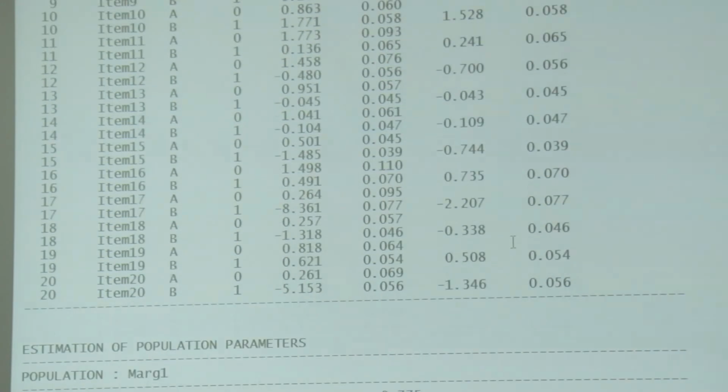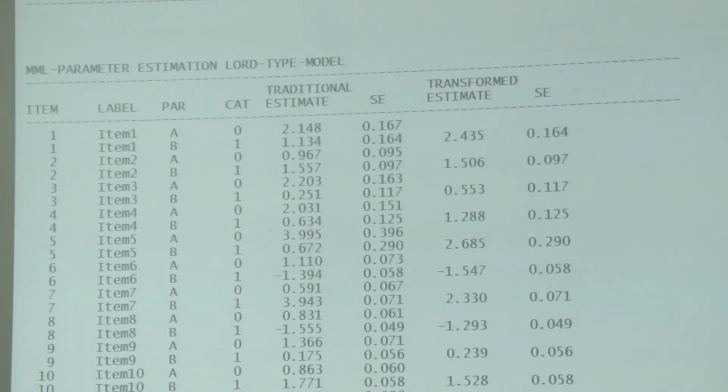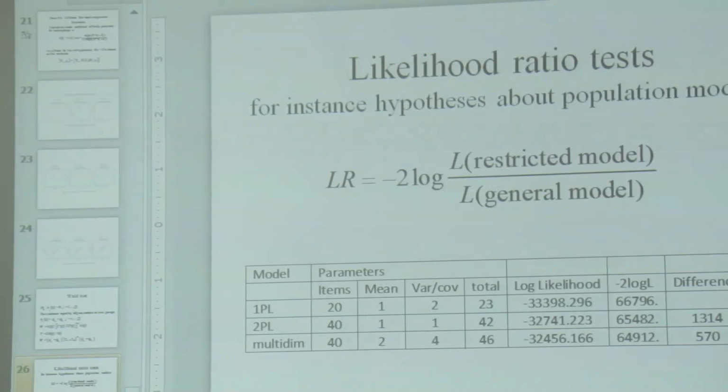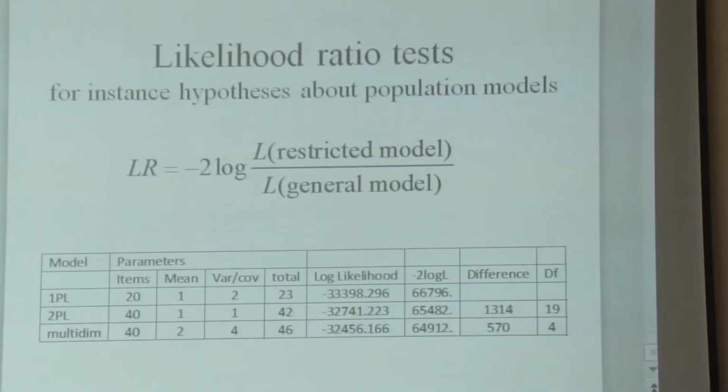But also here he converged, and you see first of all the -2 log likelihood, and estimates of, for instance, the A parameter and the B parameter. So this log likelihood I put in the table, and I come up with this number.